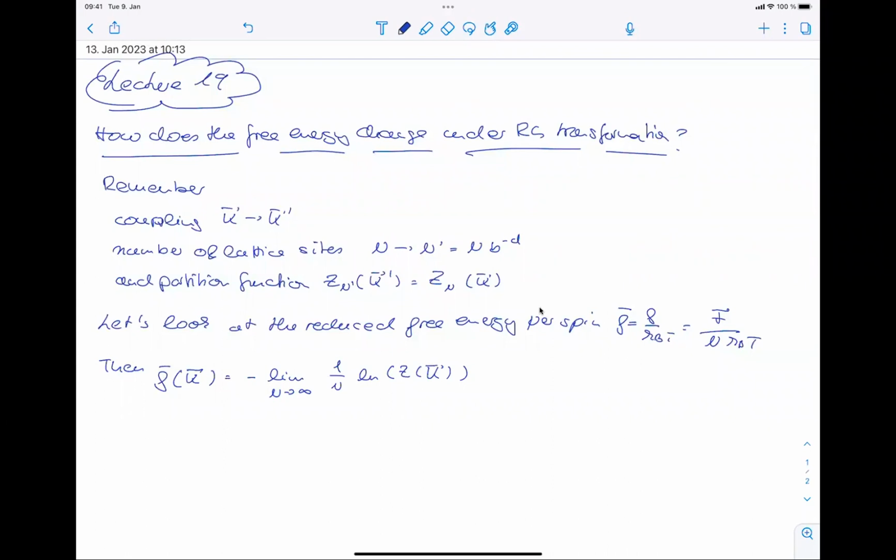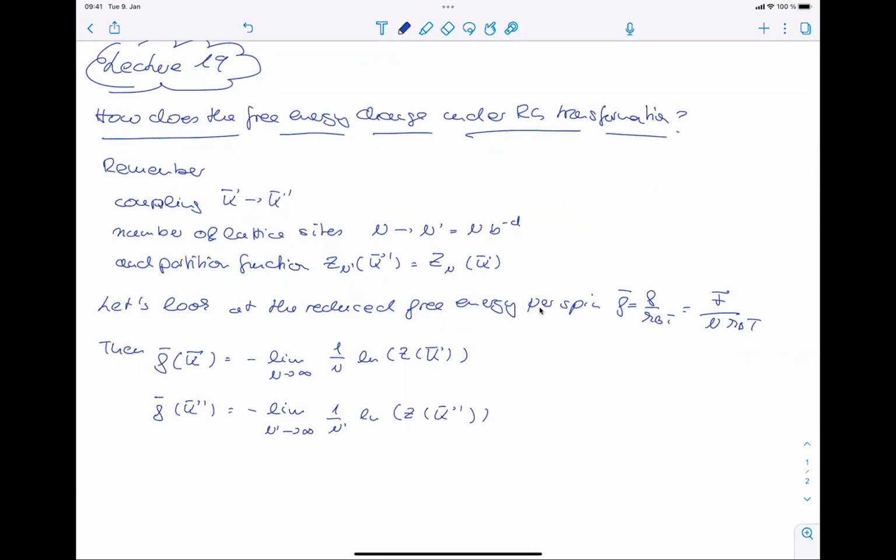Similarly, I can define the reduced free energy per spin of the transformed state, f bar of K prime, which is then minus the limit N prime to infinity of 1 over N prime ln Z of K prime.